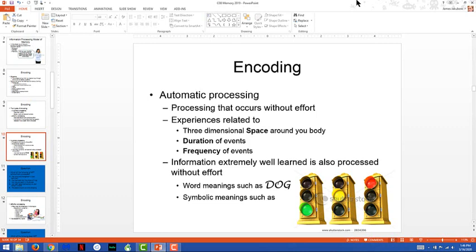If you're curious to see how long-term memories actually are formed through space, duration, and frequency, I can ask a few simple questions of you. For example, I'll ask you something that you probably don't think is relevant at all, but you very likely know the answer to.